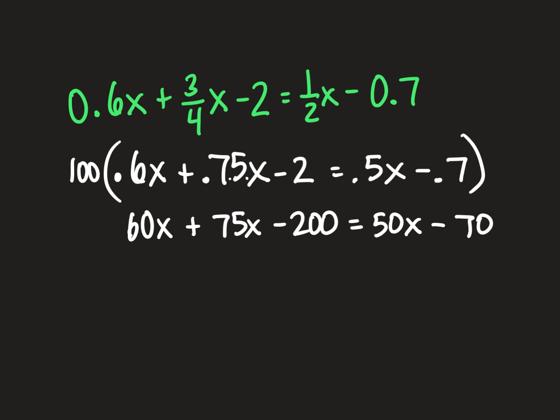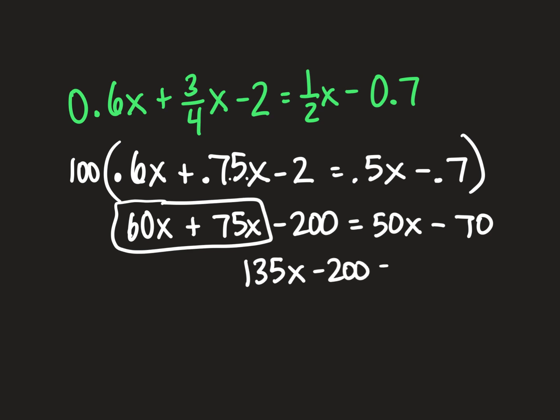Now I'm left with an equation that has like terms on both sides, so I want to combine the 60x and the 75x here to get 135x. The minus 200 is still there, the 50x is still there, and the negative 70 is still there.